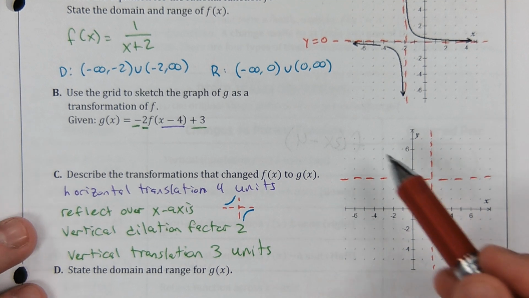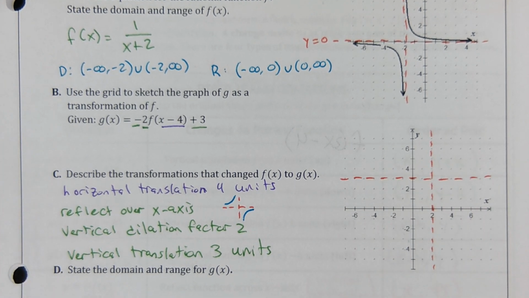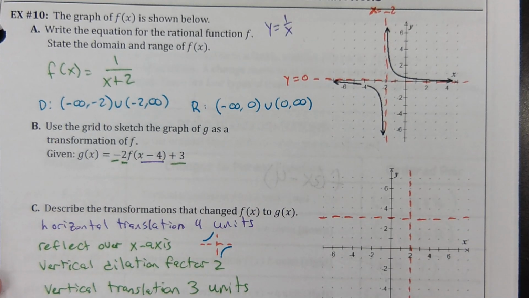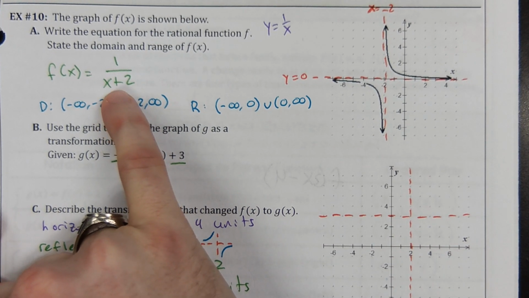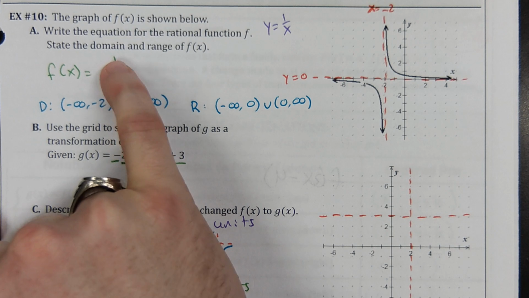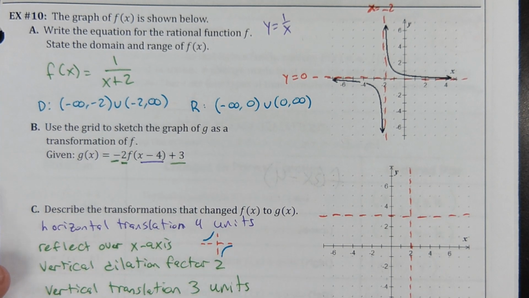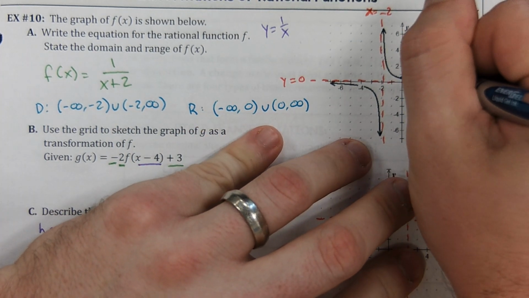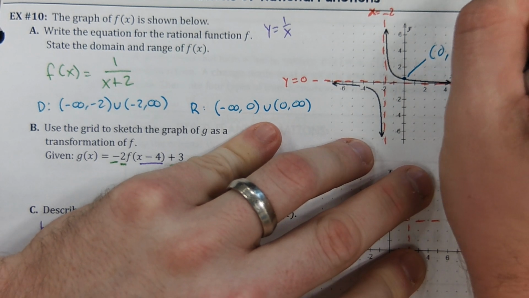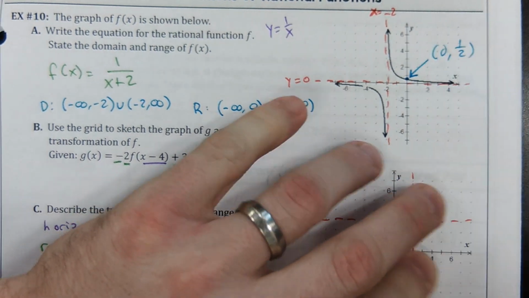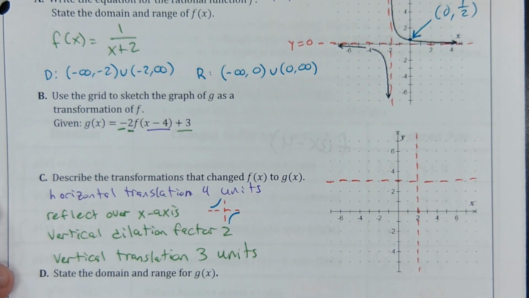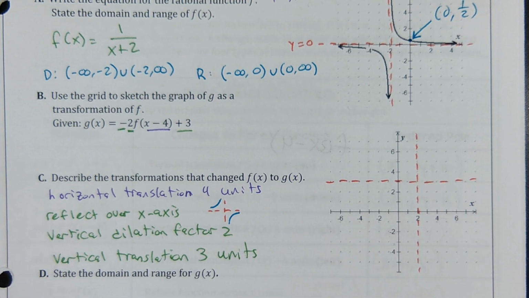Now we could just slap 2 blue curves on there, or we could go a little bit further, do a little bit of review, and have a better sketch by tracking a couple points. What do you think? Want to track a couple points? All right. I've already mentioned the original y-intercept was at 0, 1/2, right? That was right here. Let's transform it according to these rules and see where it lands.